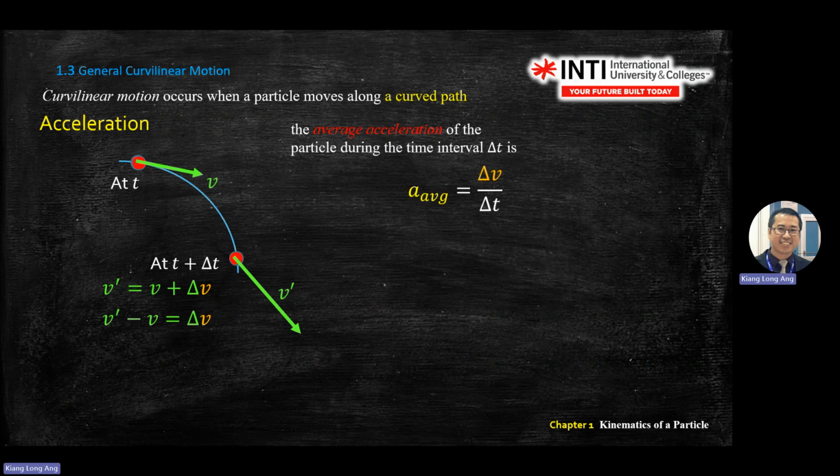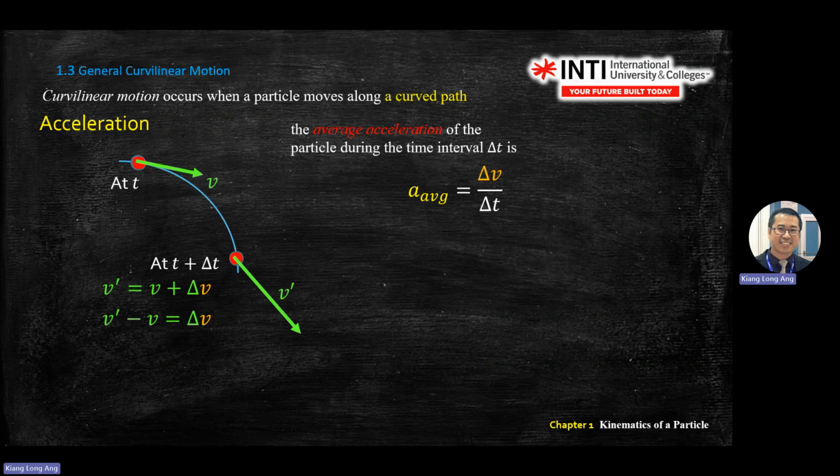So the equation is the change of velocity vector. This is getting faster and faster. So the magnitude must have some addition of velocity, right? It becomes longer. So V at the second position must take the initial vector plus an addition of vector so that it becomes longer and longer.